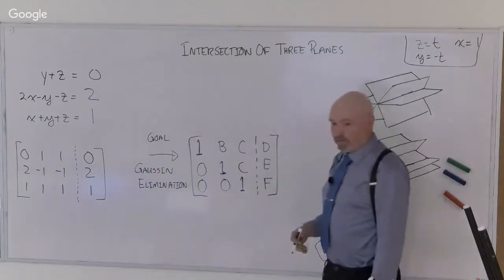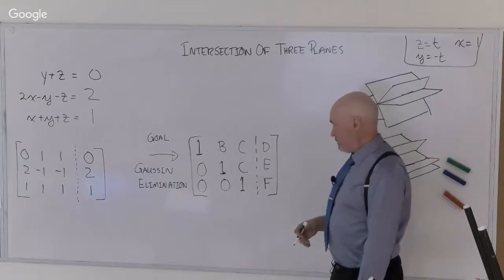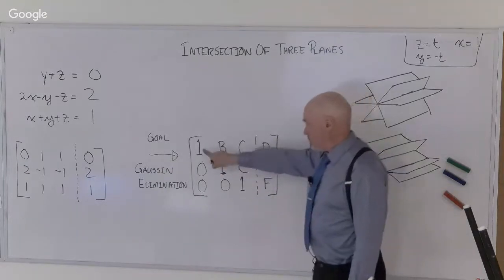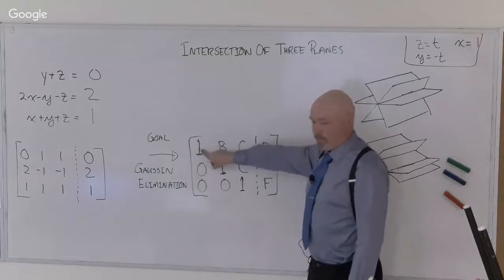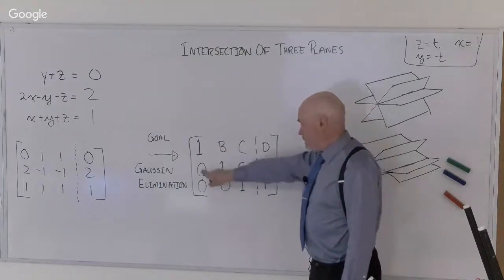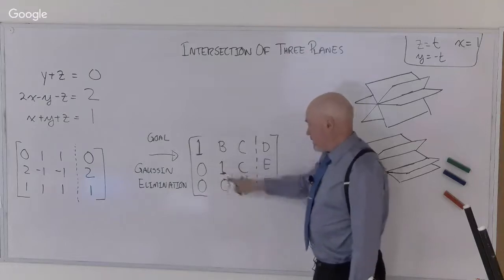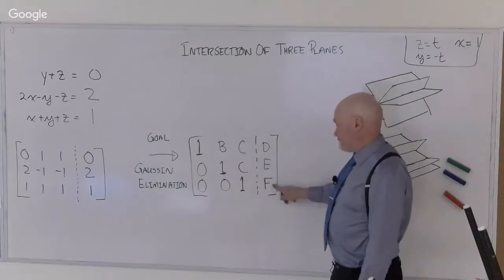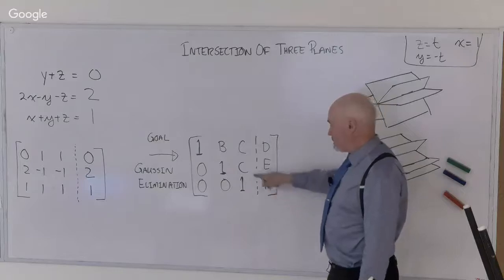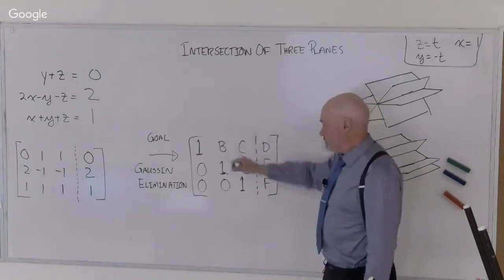The goal of Gaussian elimination is that we want to have a 1 up here in the top left corner, and we want to have zeros in this little triangle here so that I can read off my value for Z directly from this matrix, and I can substitute it back up.